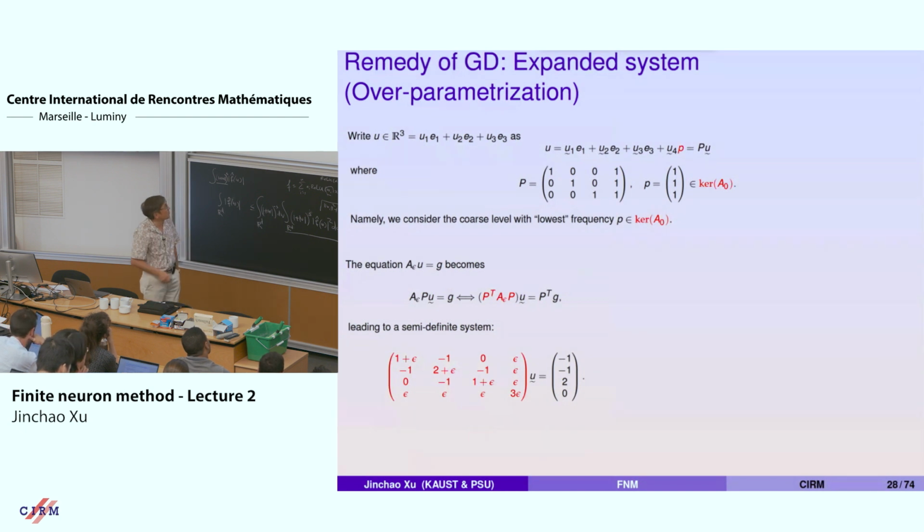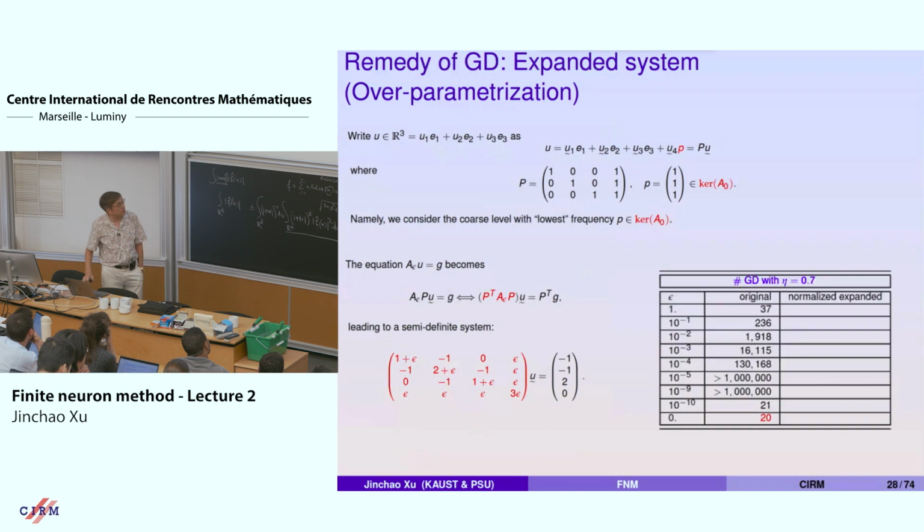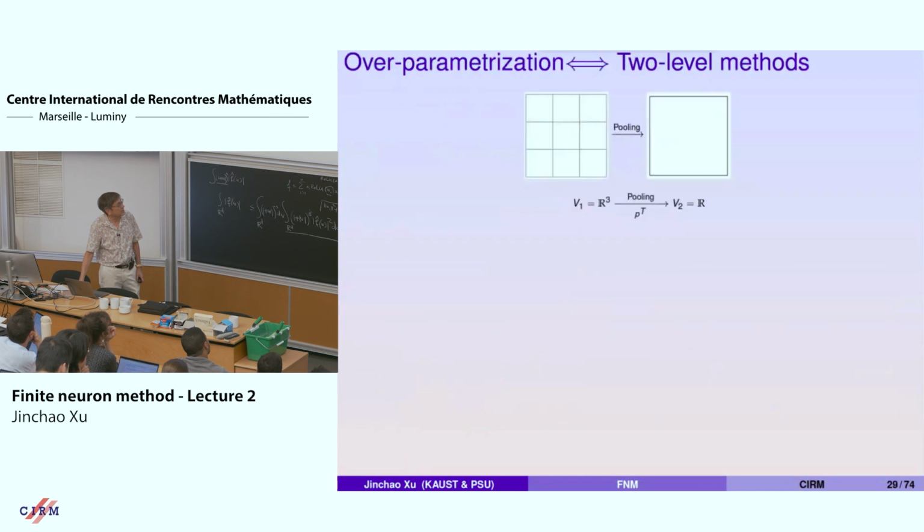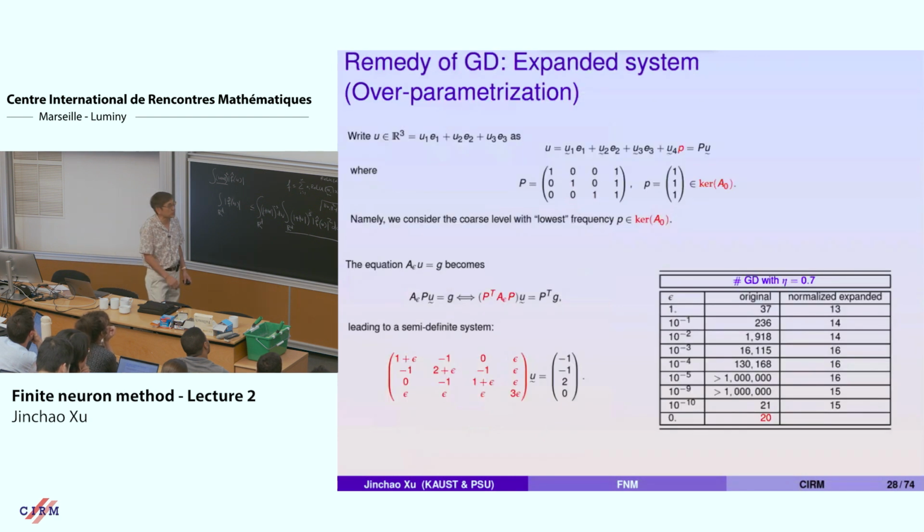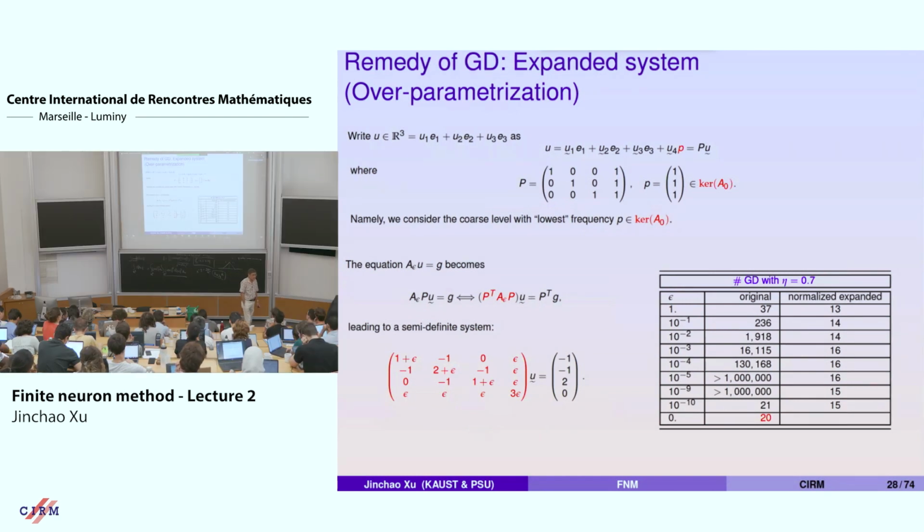Now if you do the 4x4, I'm doing the scaled gradient descent method. Something magical happens. The rate of convergence, the number of iterations, is independent of epsilon. So this is my explanation. Over-parameterization is good. Large language models, I don't know how many are doing LLMs these days, and they use hundreds of billions of parameters.